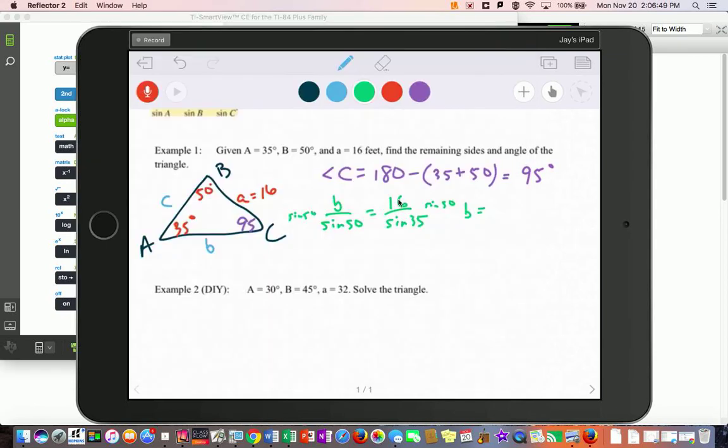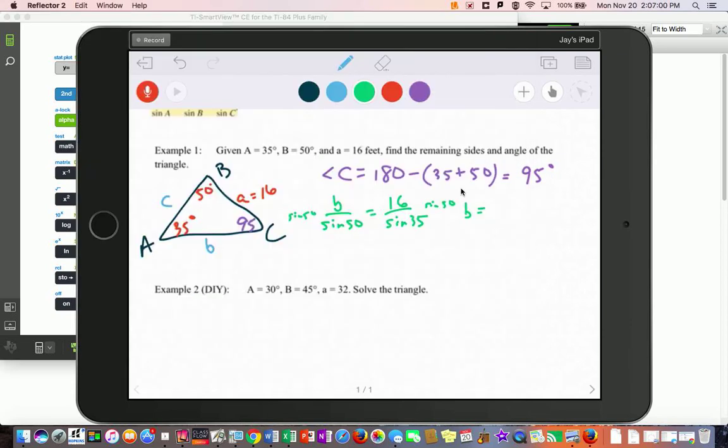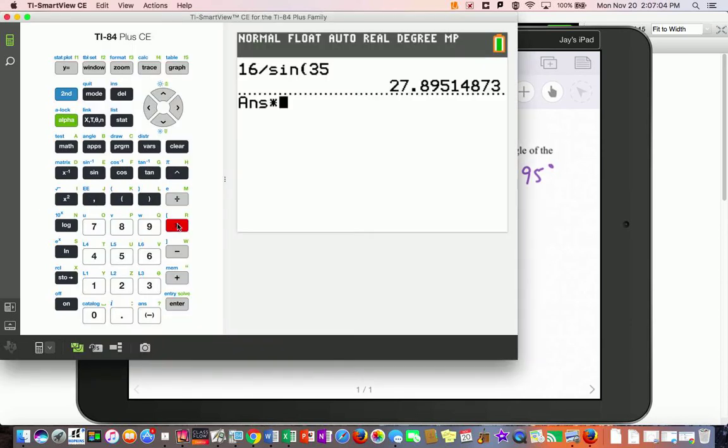I'm going to type in 16 divided by the sine of 35, hit enter, and remember we're multiplying now by the sine of 50. I'm getting about 21.37.